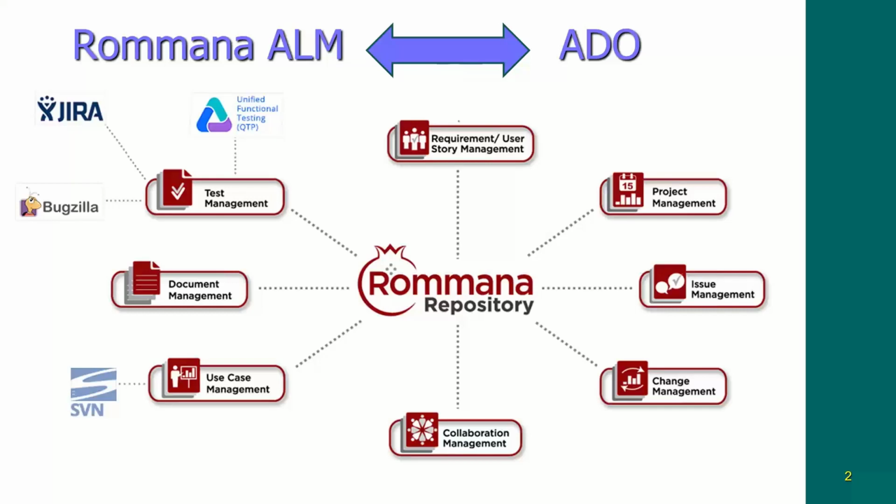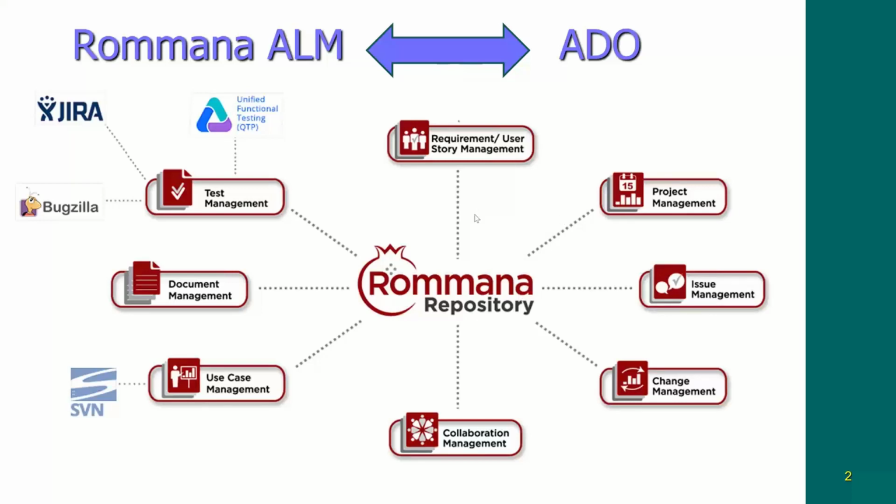I am talking about the full integration we have with ADO, which means what you do here is you actually use Rommana ALM to manage your ADO projects. All right. And once you synchronize your ADO projects with Rommana ALM, then you can do all these functionalities from within Rommana ALM.